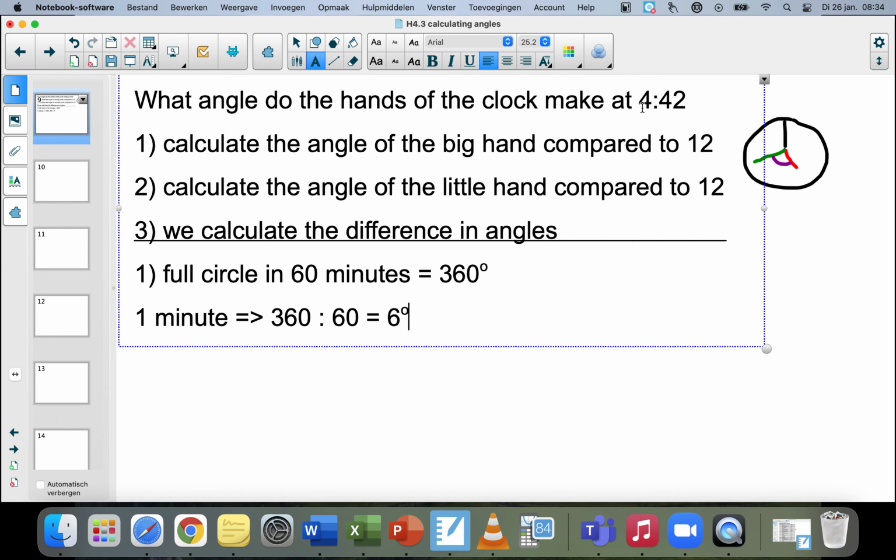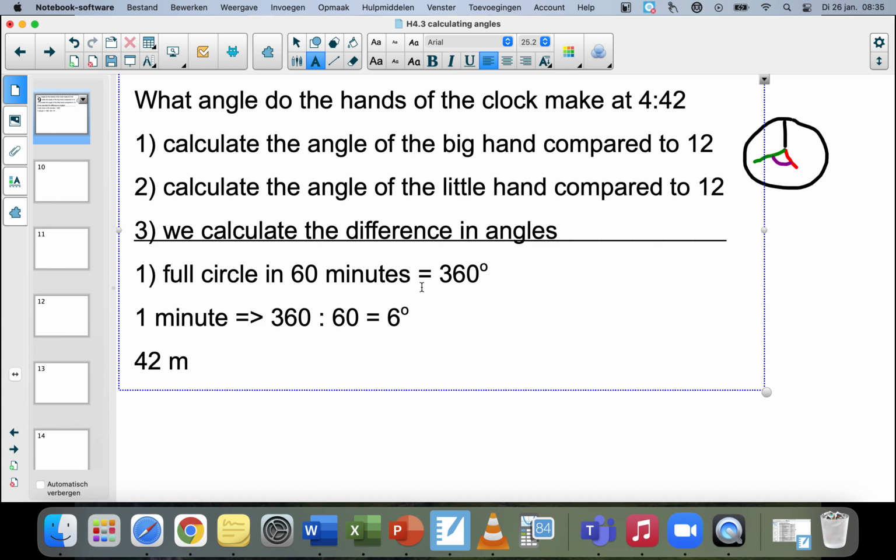So at 4:42, well, if we're starting at 12 o'clock, then 1 o'clock, 2 o'clock, 3 o'clock, 4 o'clock. At 4 o'clock, it's back at the 12 again. So for the big hand, the hours don't really matter. What matters is the number of minutes past 12, because every hour again, it starts at 12.